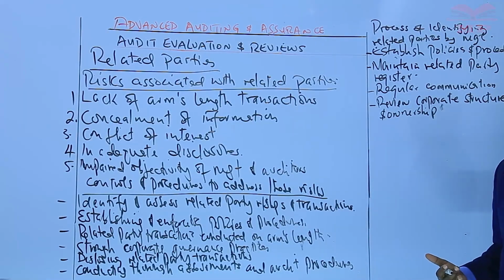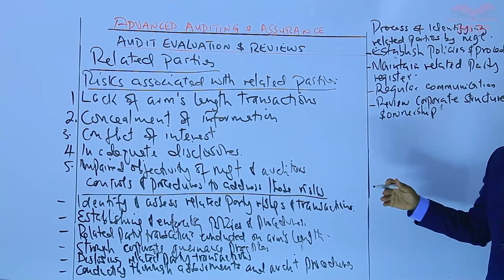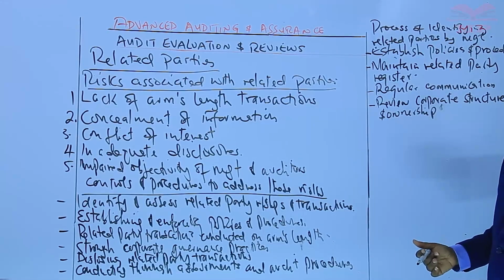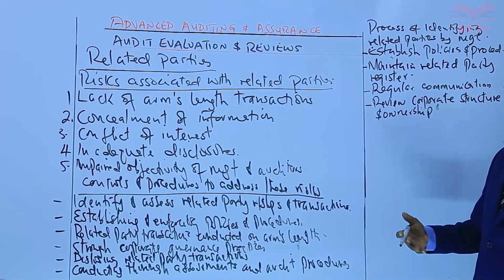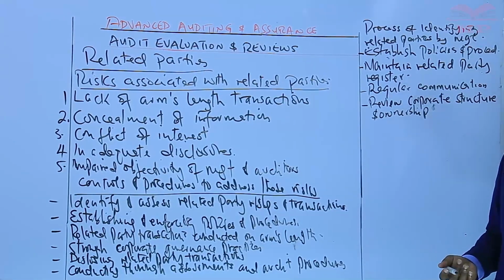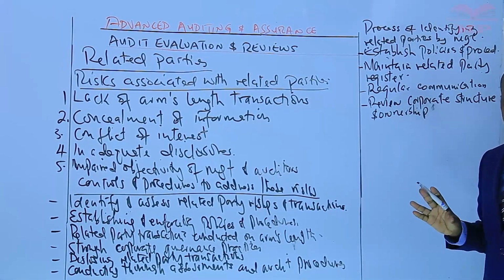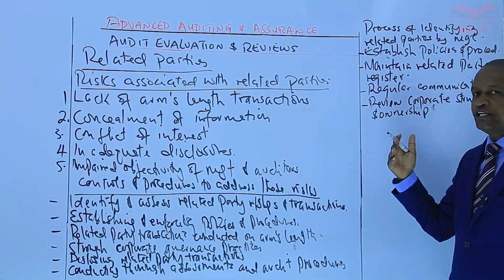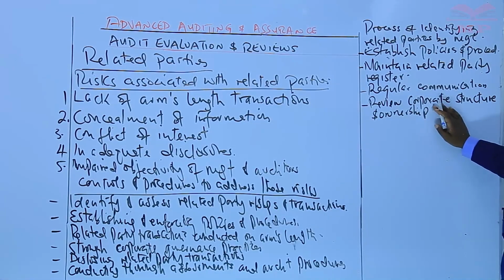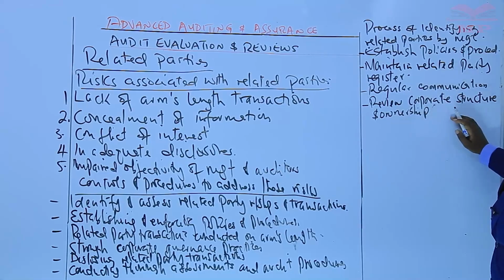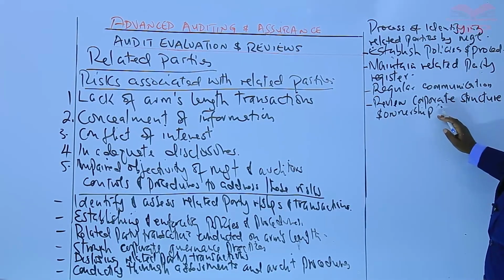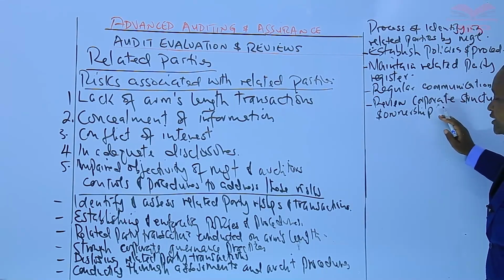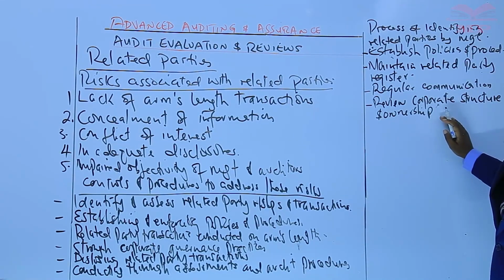That includes assessing relationships with subsidiaries, affiliates, joint ventures, and any significant shareholders, including key management personnel. Reviewing the corporate structure and ownership is another way of identifying related parties by the management.